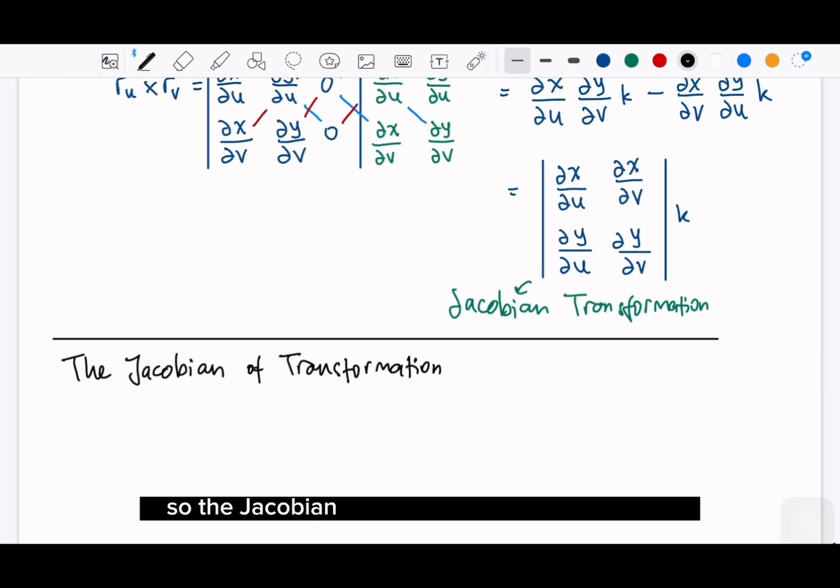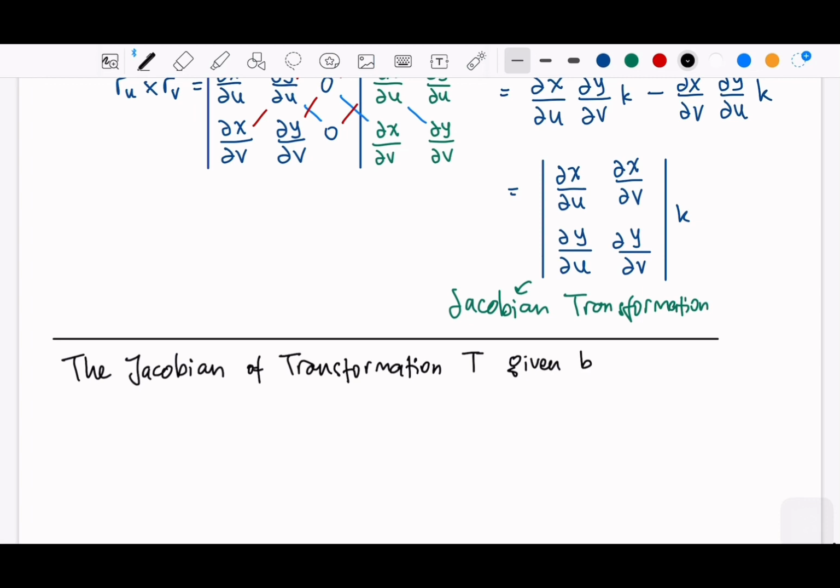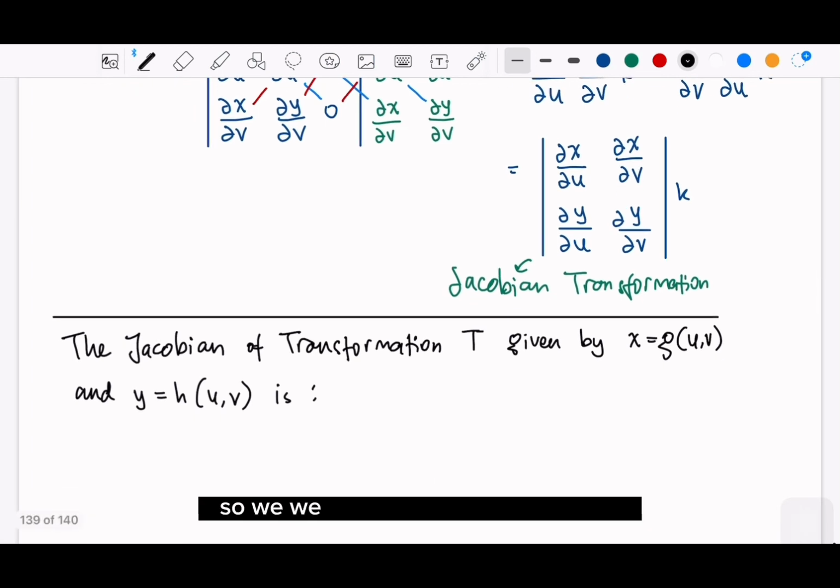So the Jacobian of transformation T is given by, let's say we take x and y, so we write the Jacobian like this.